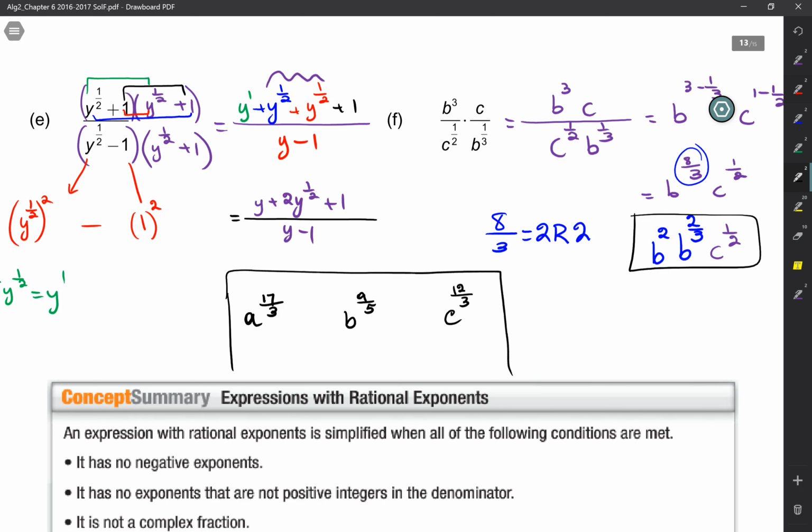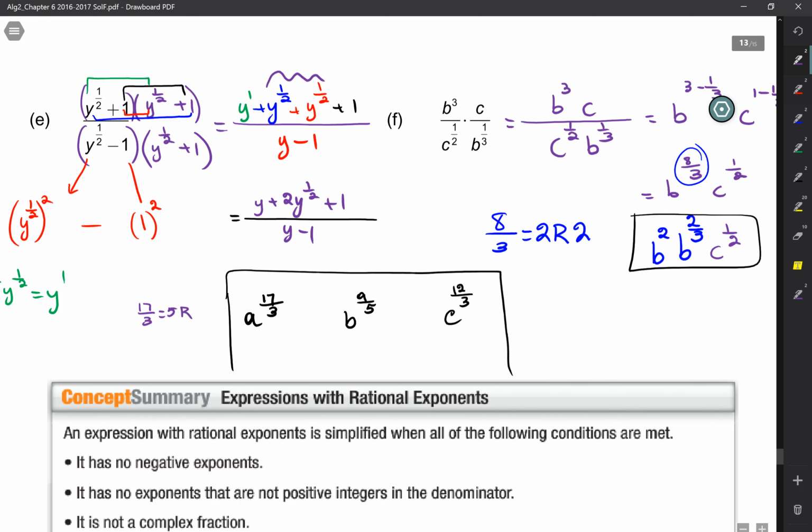What would the first one simplify to? A to the 5, and then a to the 3. So 17 over 3 is what? It's 5 remainder 2. So it'll be a to the 5, a to the 2/3.